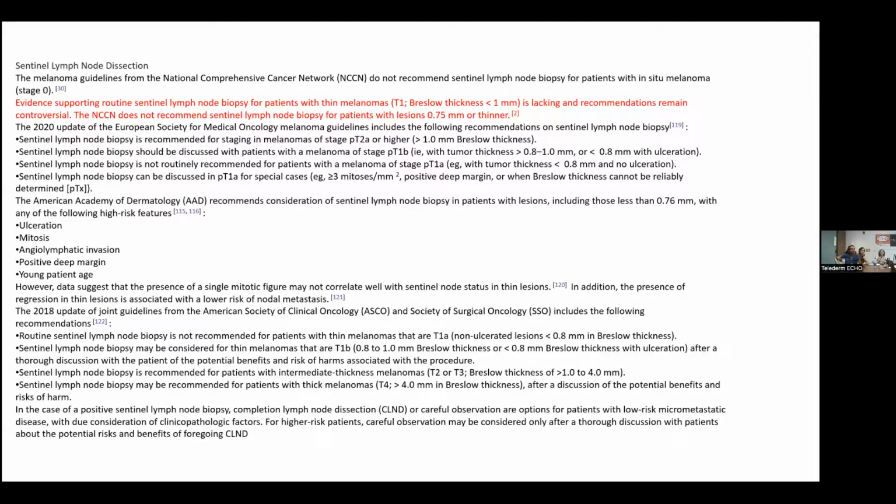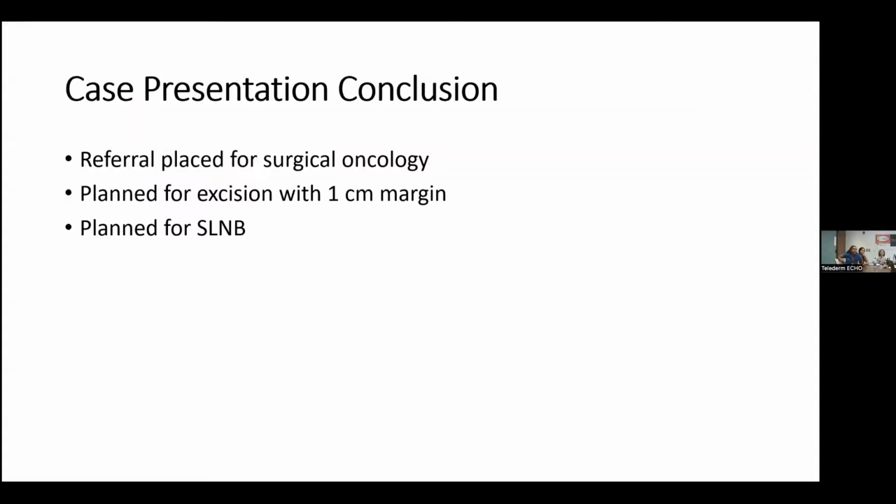And if it is less than 0.8 millimeter tumor thickness and there are no high risk features, then you don't have to do sentinel lymph node biopsy. Next. So in our patient case, a referral was placed for surgical oncology, and they are planning to do excision with a 1 centimeter margin and sentinel lymph node biopsy at the same time.